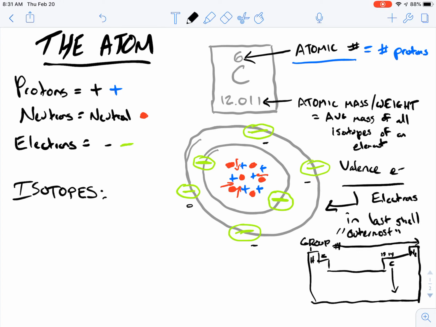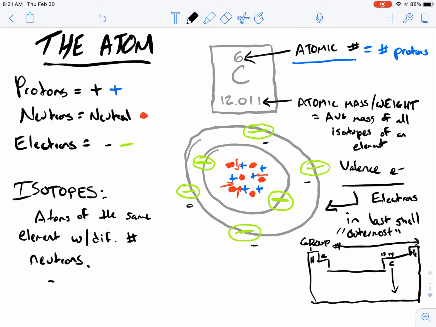Isotopes are basically just atoms of the same element. So that means that we're talking all carbon, or all nitrogen, or all oxygen, or whatever. Atoms of the same element with different numbers of neutrons.